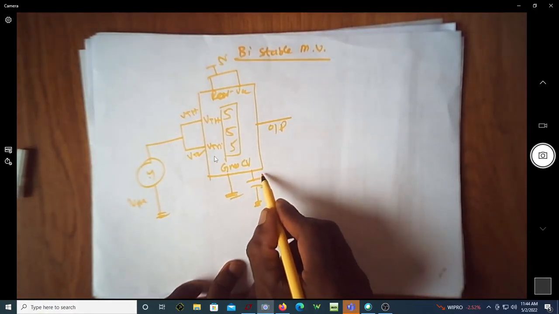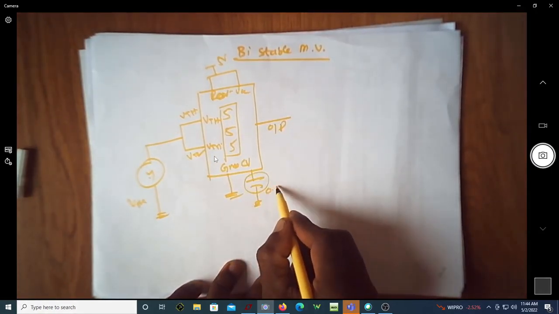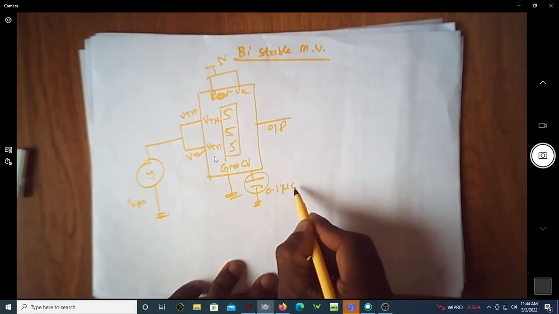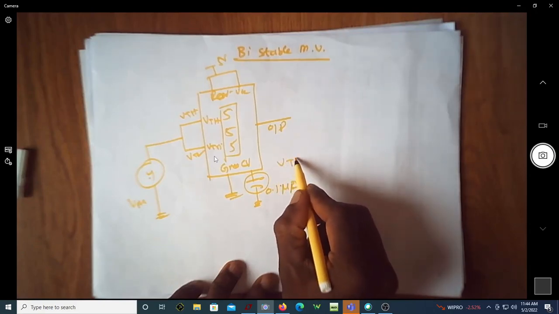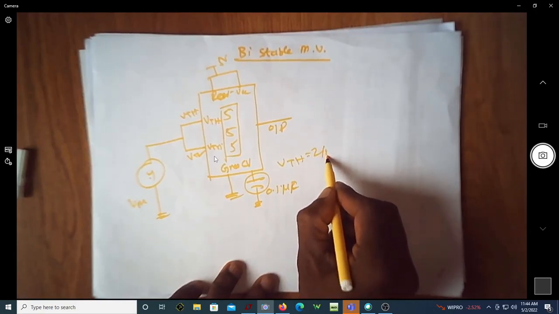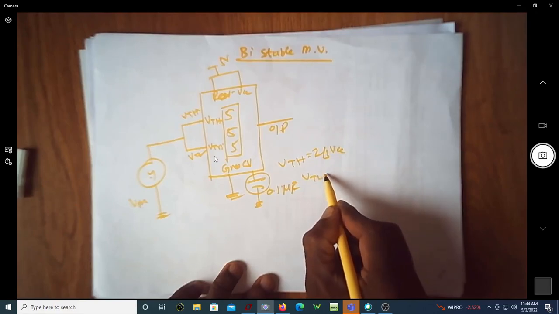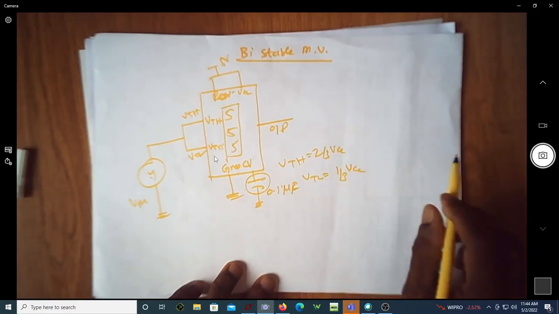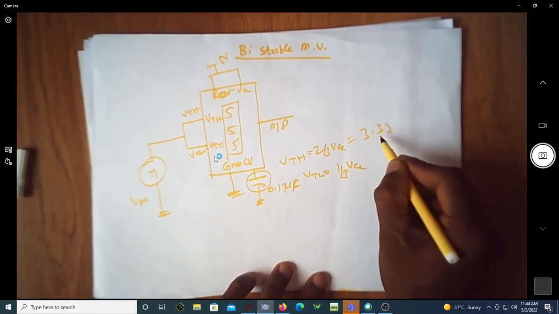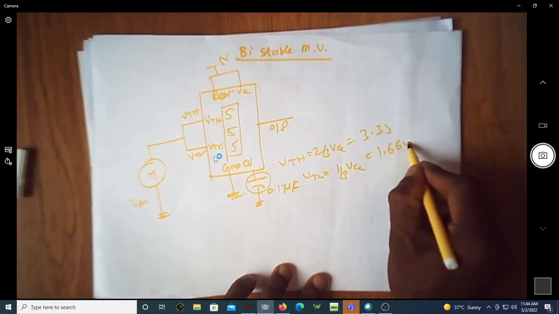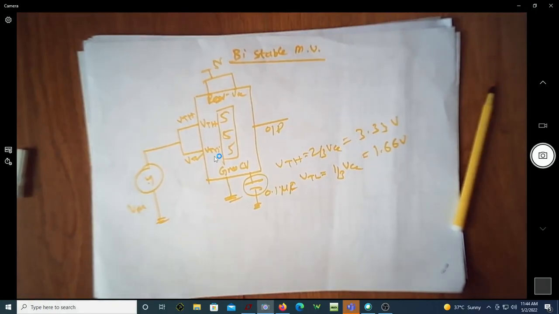So what is this VTH VTL? Because a particular capacitor is connected to this control voltage, VTH is equal to 2 by 3 VCC, and VTL is equal to 1 by 3 VCC. For this, it will be 3.33 volt, whereas this will be 1.66 volts.